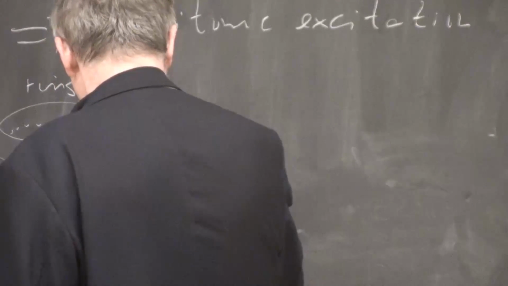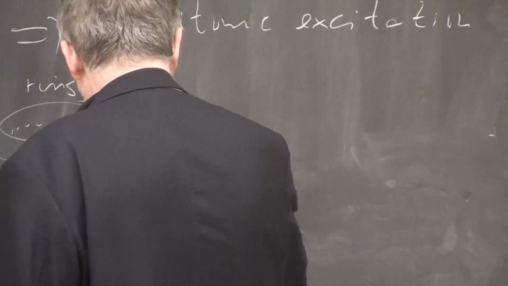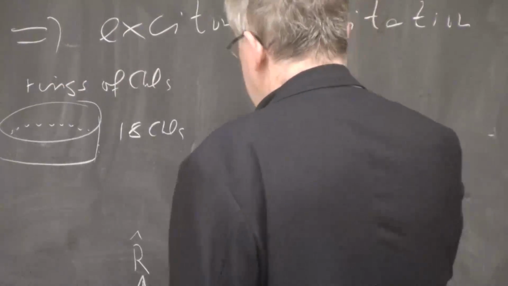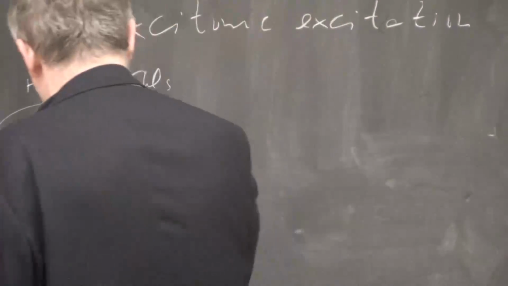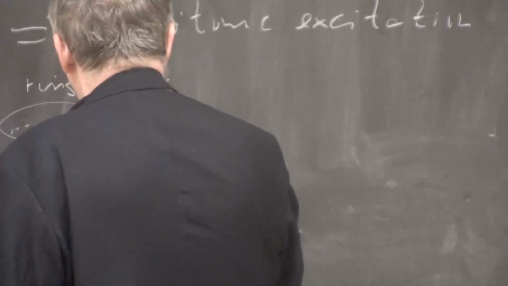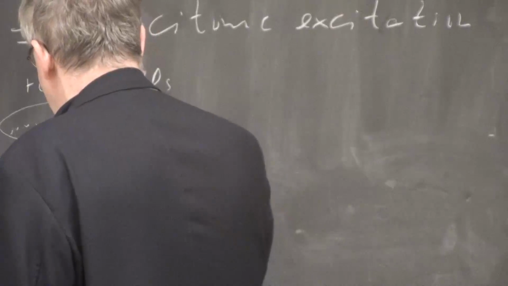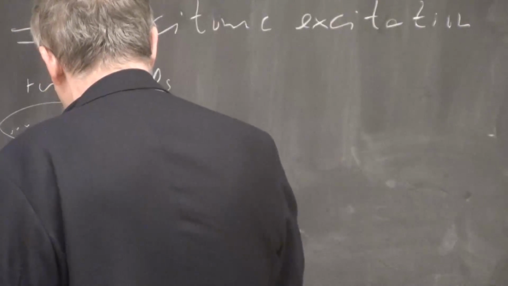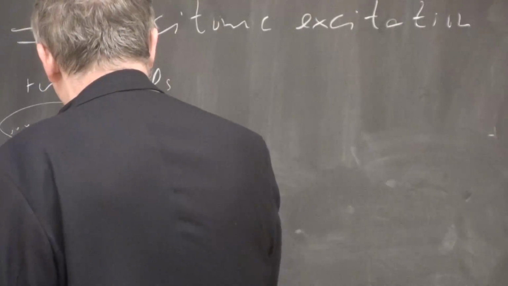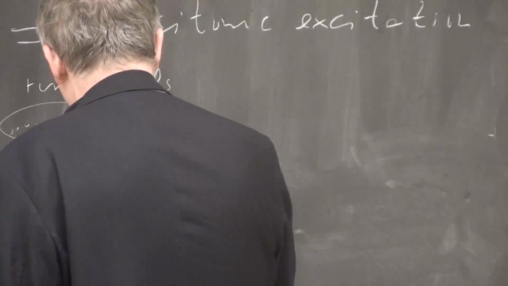In the case that I showed you, there were 18 chlorophylls forming a ring. If I rotate it by 90 degrees, I'm getting the top view. I draw it like this. It's not quite like this. I simplify.